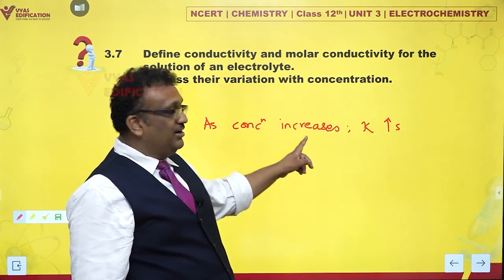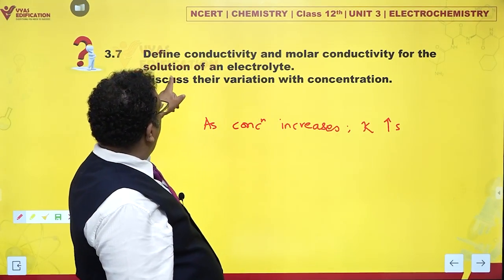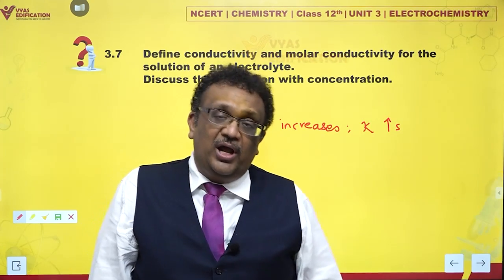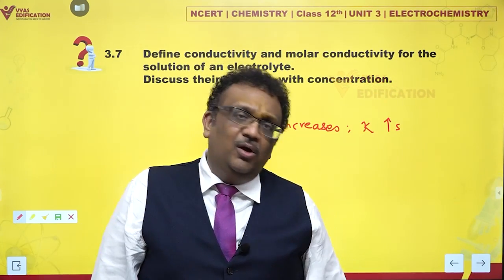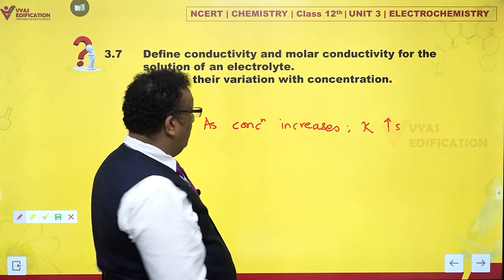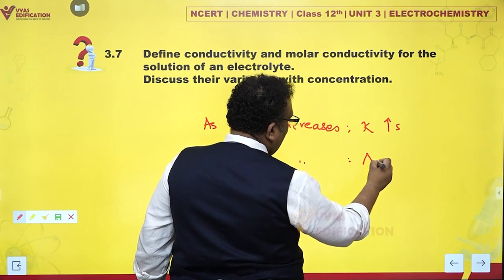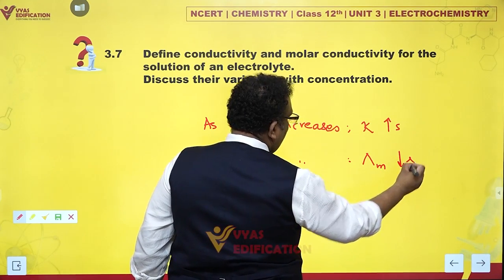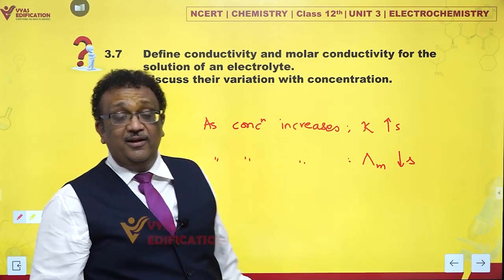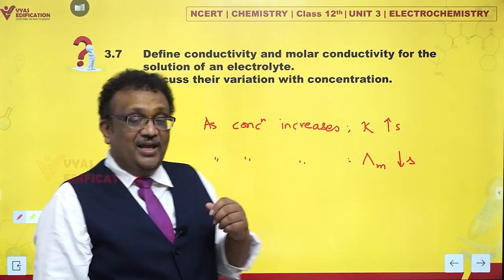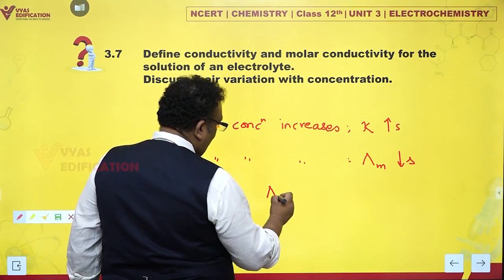As concentration increases, you find conductivity increases because within the same solution you have more ions, so they can carry more current by common sense. But as concentration increases, you find lambda m decreases. Molar conductance decreases, yes. And there is an equation also which is called Kohlrausch law.